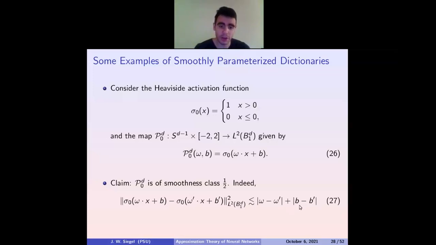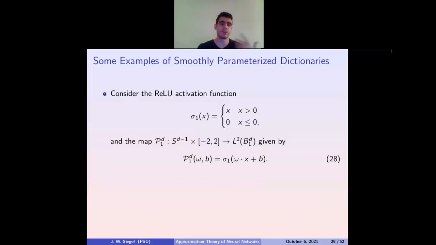That controls the width of the set outside of which this difference is 0, and on that set it's at most 1. So it's a bit of a calculation to verify that in fact this map is 1/2 Hilbert continuous.